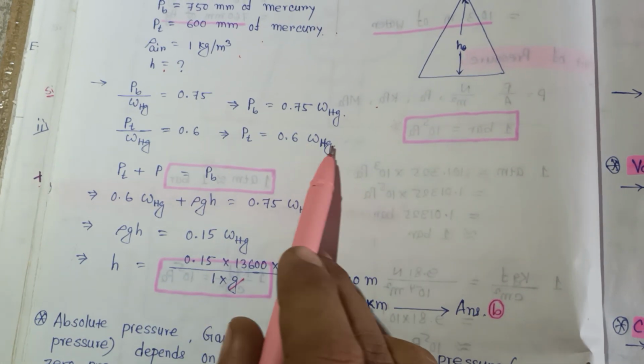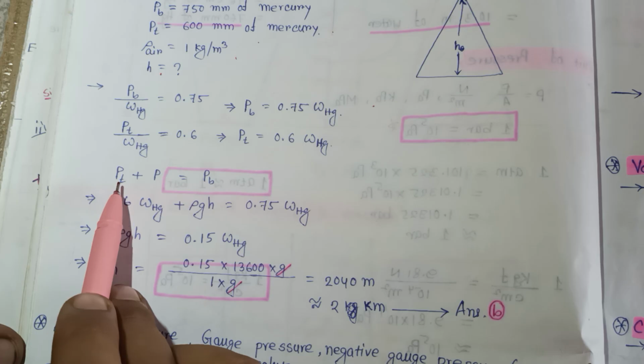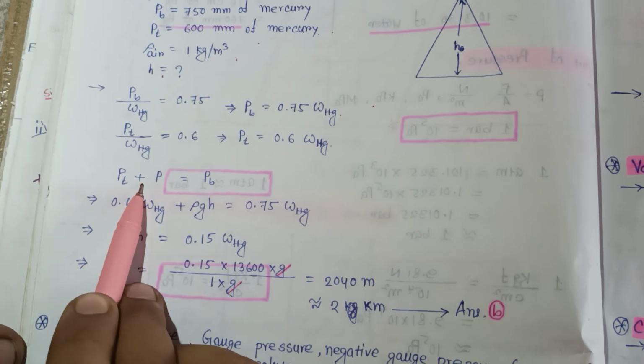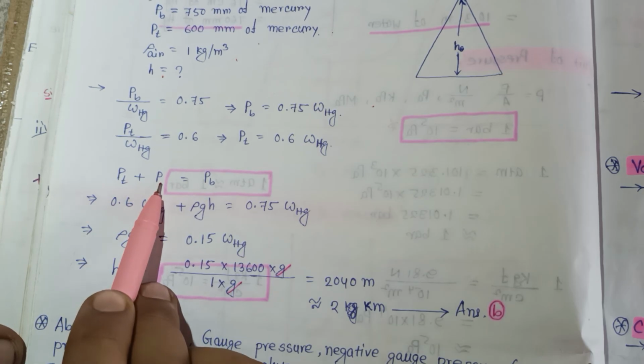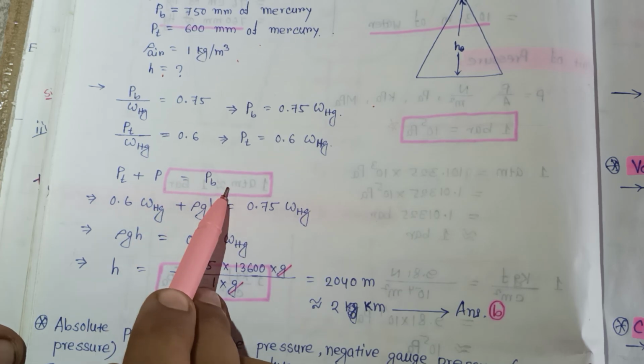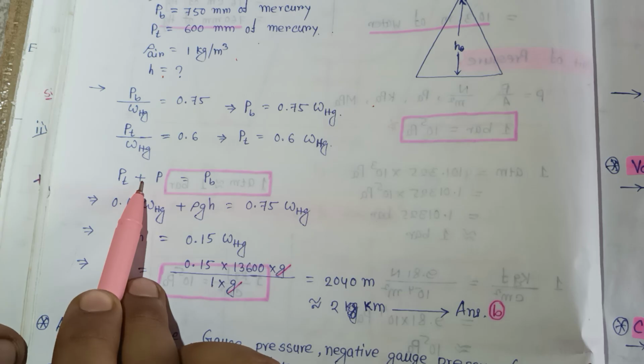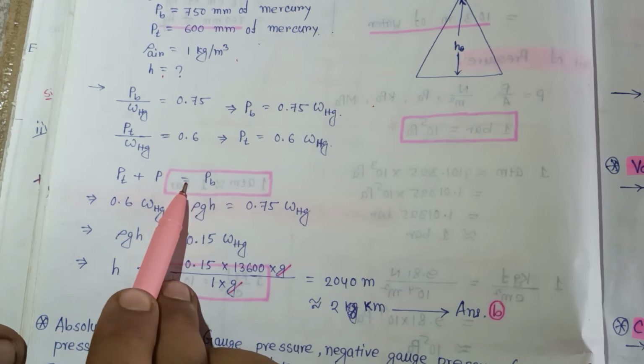Omega is the specific weight. So top pressure plus the pressure due to the air column is equal to bottom pressure.